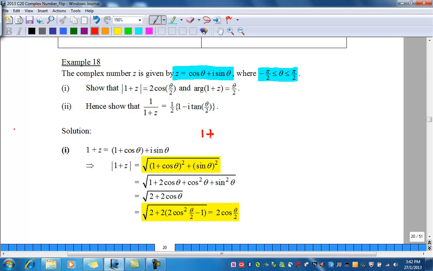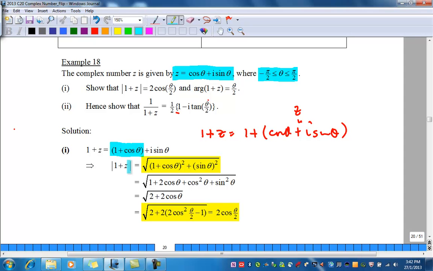1 plus z is equal to 1 plus cos theta plus i sine theta, just by substituting z as cos theta plus i sine theta and regrouping the real part, which is 1 plus cos theta, plus i sine theta.